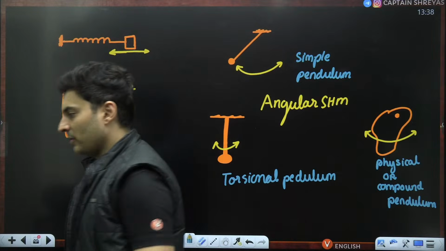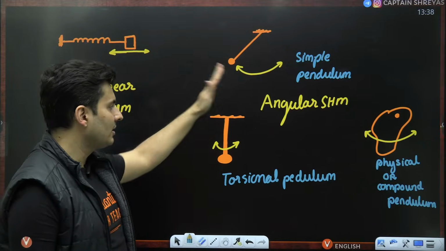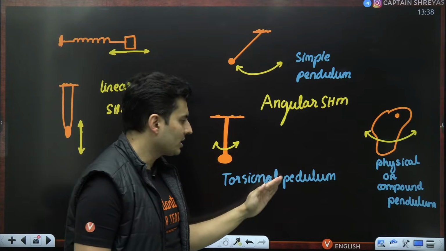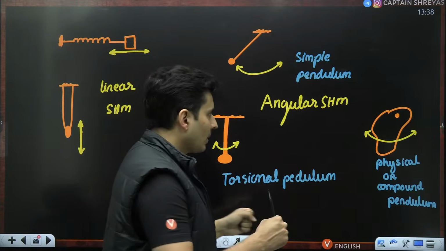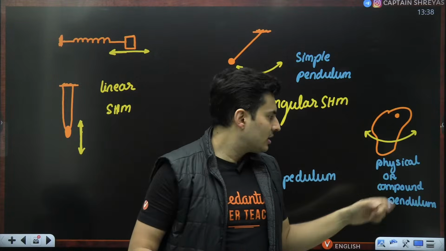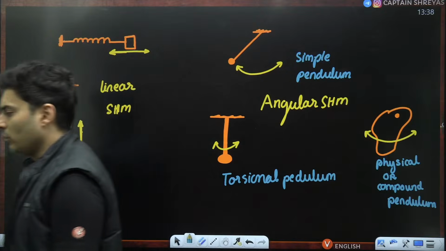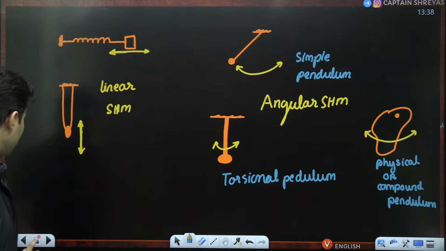So that is what we are going to do. Okay, so are these three distinctions clear? Simple pendulum was like this, back and forth, torsional pendulum, and this was compound, basically a big body attached at a point, not a point mass. These are the three things.